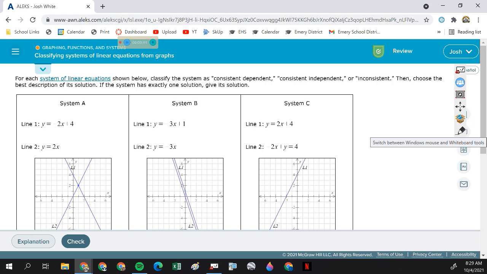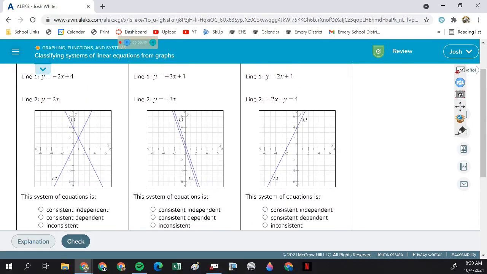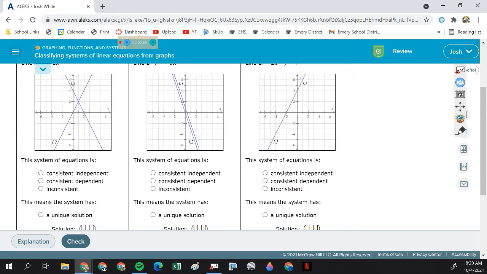Okay, this just wants to know what's the difference between the types of equation. So if a graph has no solution, then people in the math world call it inconsistent. Okay? So the parallel line one would be inconsistent. If it does have a solution, then it is called consistent, and it is either independent or dependent. So if we have graphs that intersect once, then it is going to be consistent independent, and then consistent dependent.